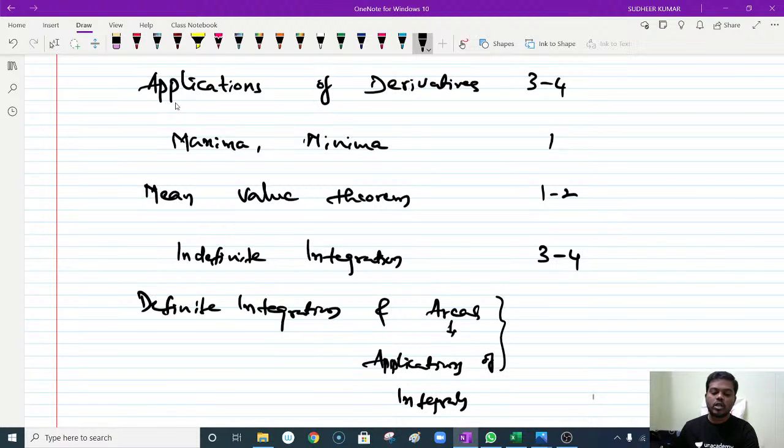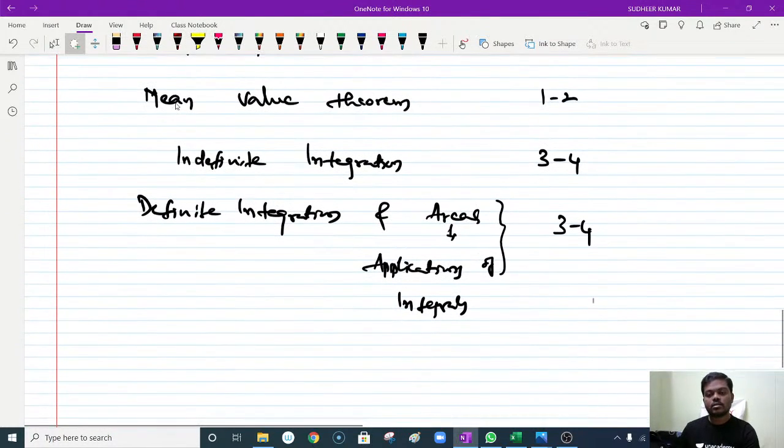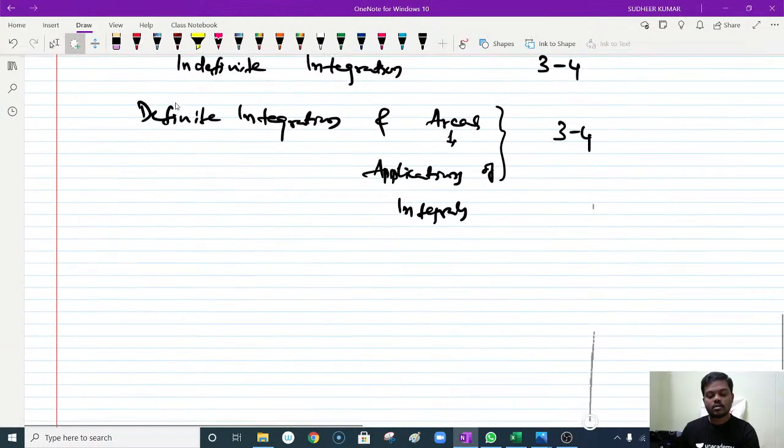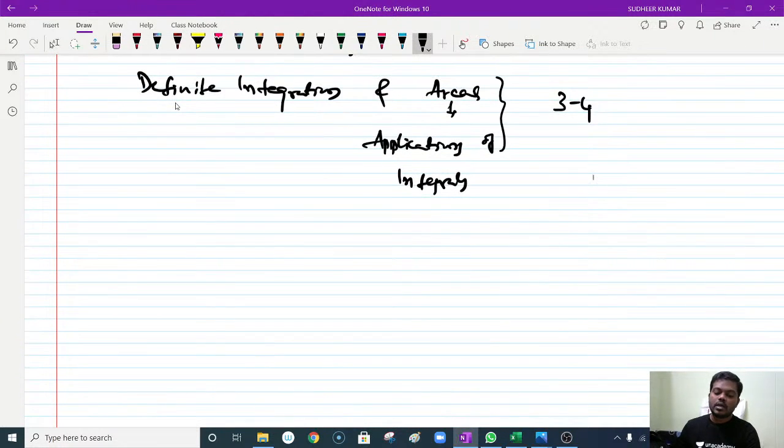These two are the same only. So definite integration and areas will be given for 3 to 4 marks. And the last concept is differential equations, 2 to 4 marks.